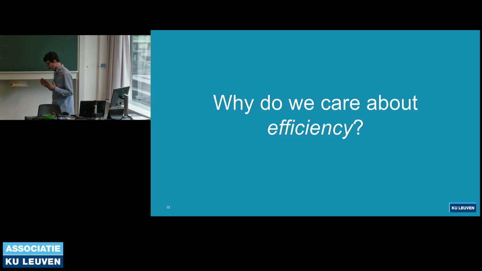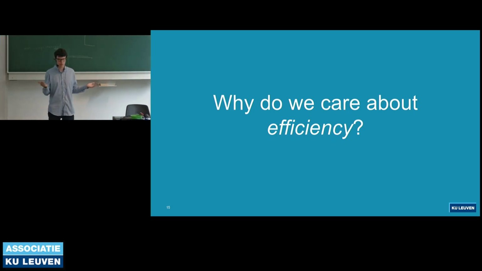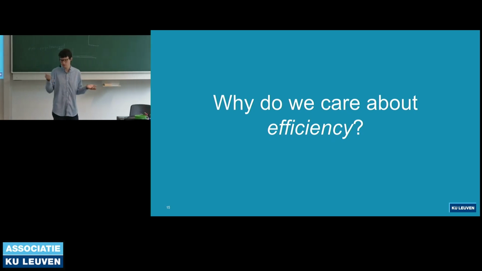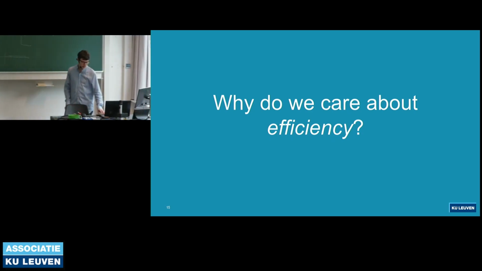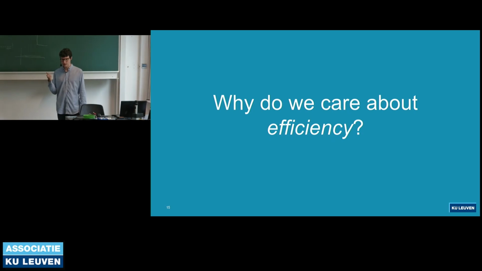Now, I've been talking a lot about efficiency and why it's so important. Why do we care? Why not just run everything on Sage? Why not just grab a Raspberry Pi? You can install Sage on a Raspberry Pi and use that for everything. Why would you care? And the reason we care is for two specific things. Sometimes we care about power, and sometimes we care about energy.